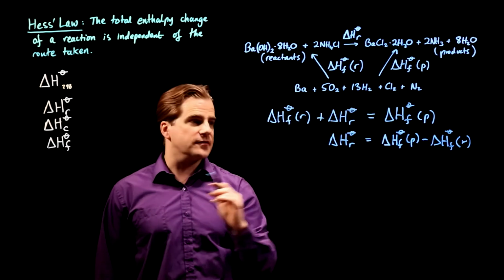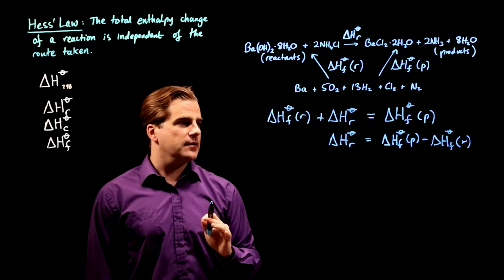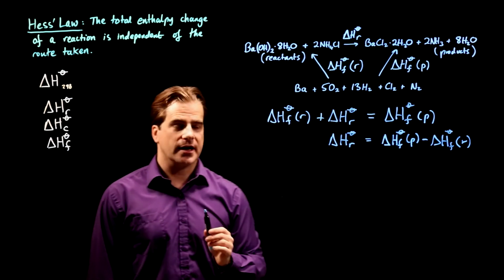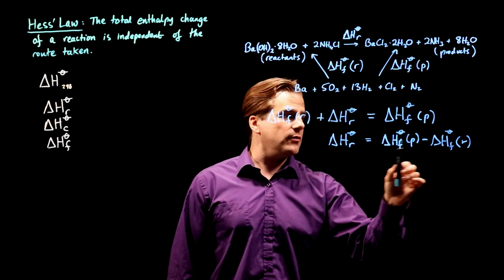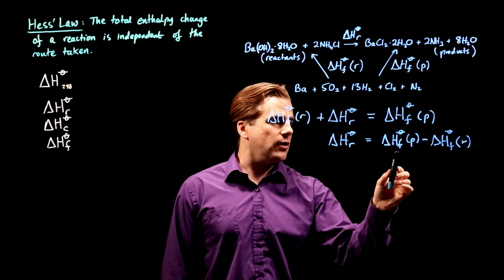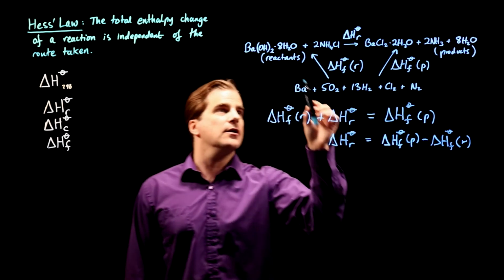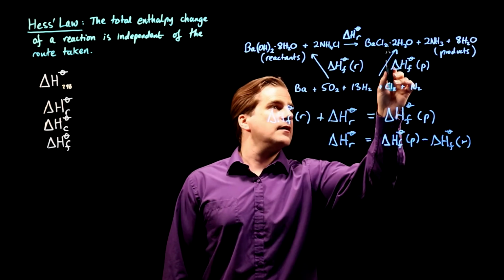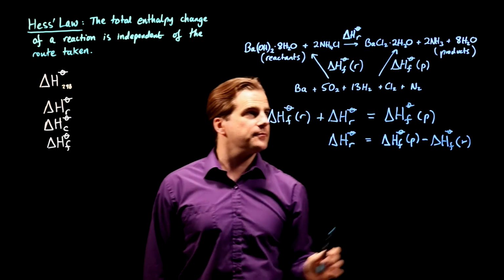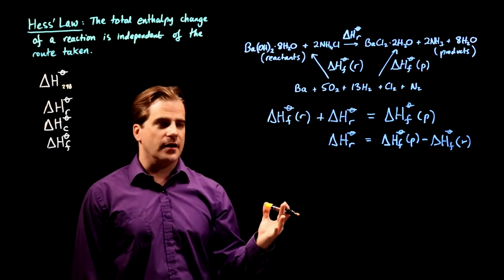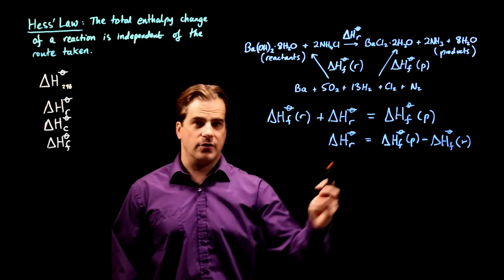And if you like, that's Hess's law in equation form. So we can work out the delta H of the reaction if we know the delta H of formation of these things and these things. Okay? So in an exam question, they'll give you these numbers and you'll have to do this.